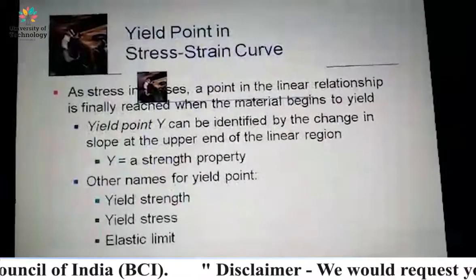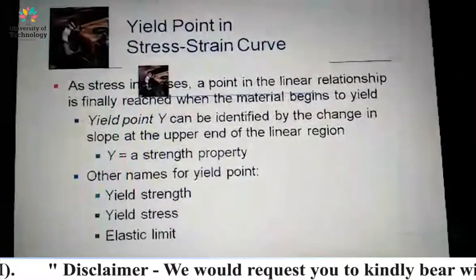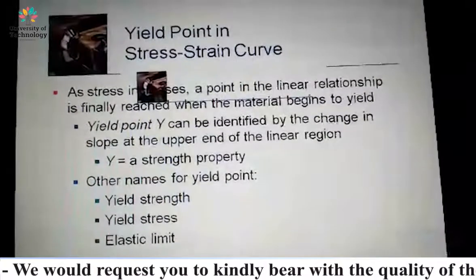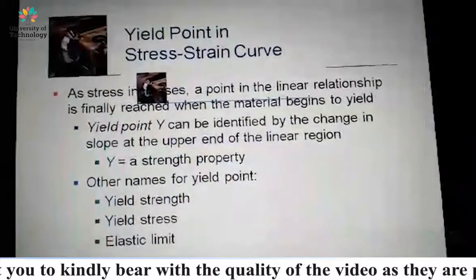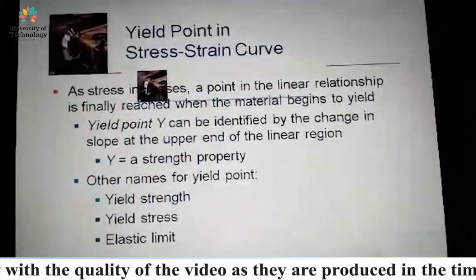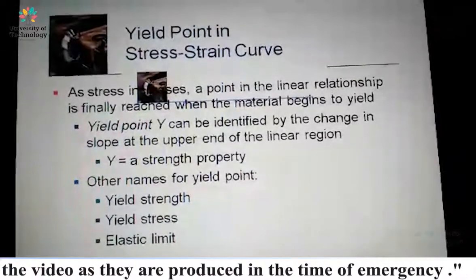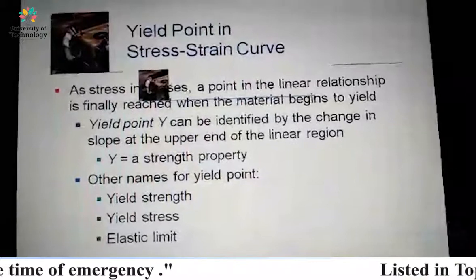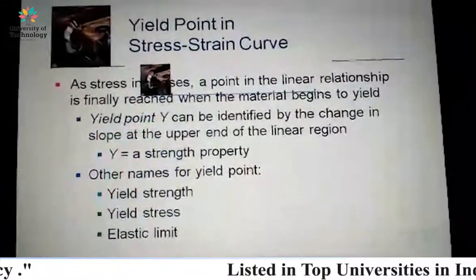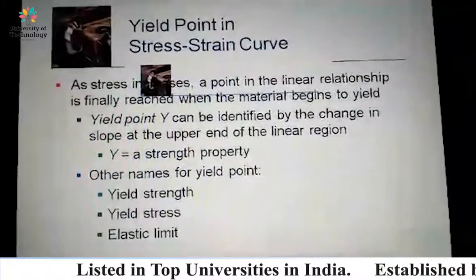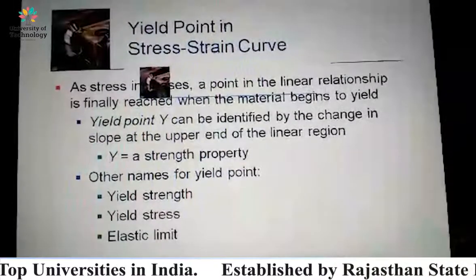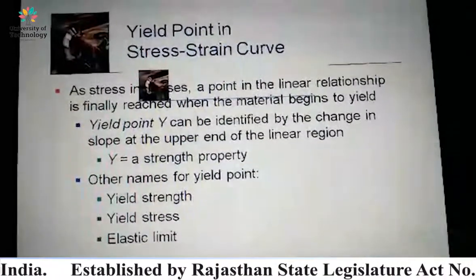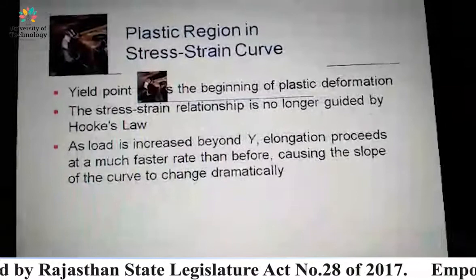Next, the yield point in the stress-strain curve. As the stress increases, a point in the linear relationship is finally reached when the material begins to yield, right? It is a strength property. Other names for yield point are yield strength, yield stress, elastic limit.